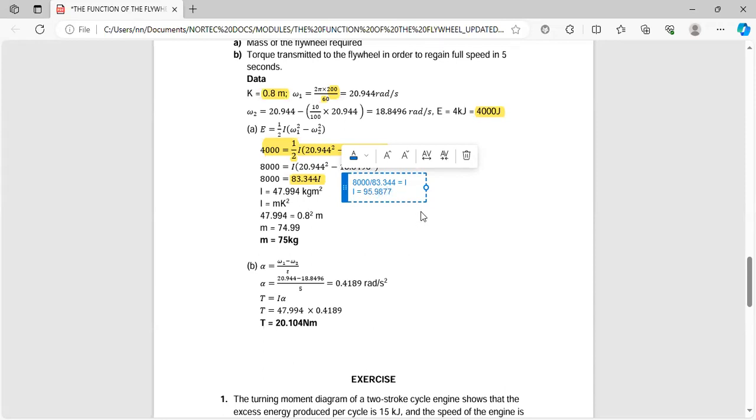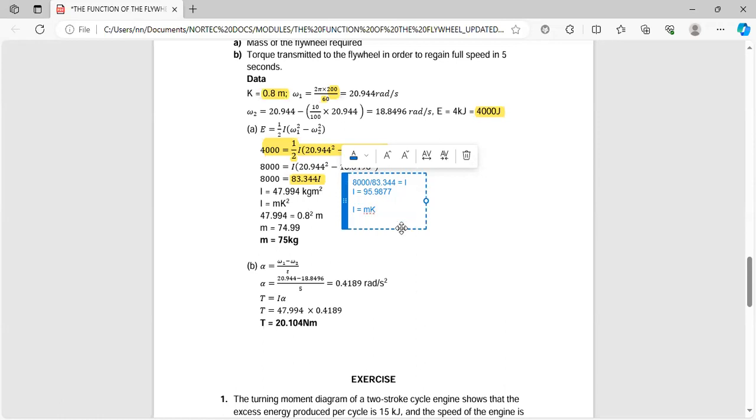With this, I can proceed now to get my M, where I divide the same value by the one that I got earlier. In this case, I is equal to mk squared.